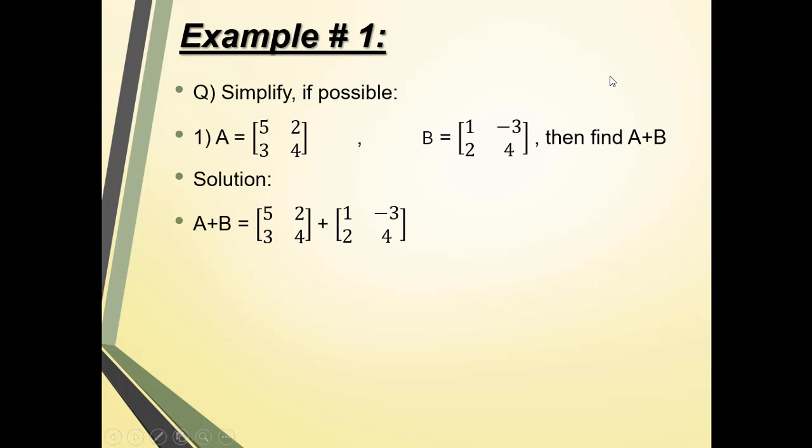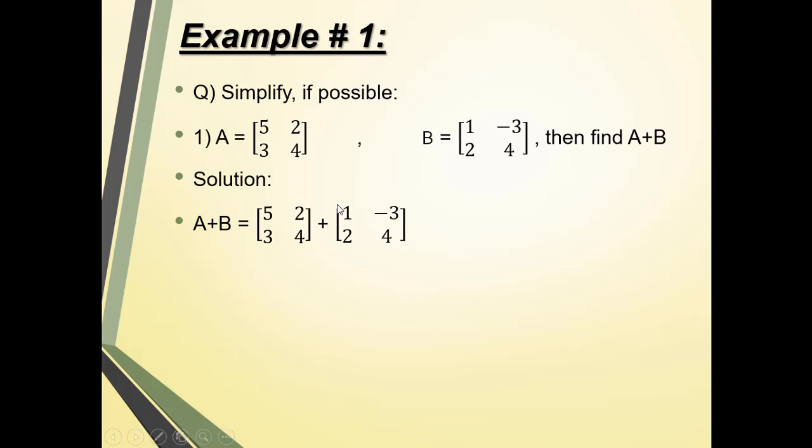So the procedure is like this. First of all, we put matrix A, because it appears first, then the sign of addition, then matrix B. The second step is that each corresponding element is added to its corresponding element.